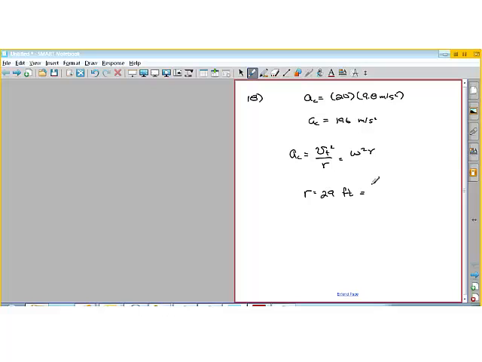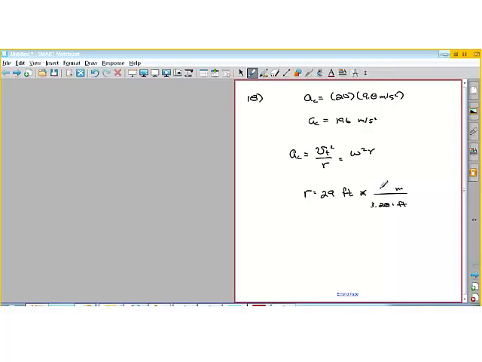So if you go to the front of the book looking for the conversion, there are 3.281 feet per meter. So we're going to divide, let's multiply by 3.281 feet per meter.